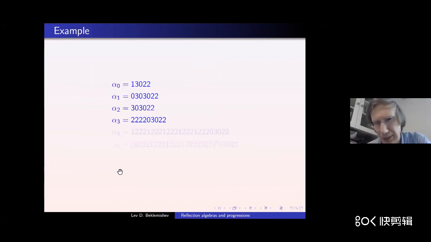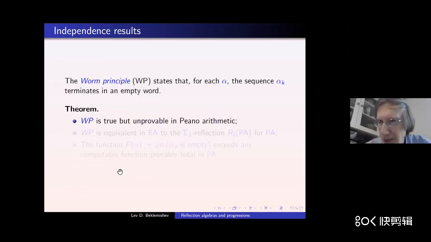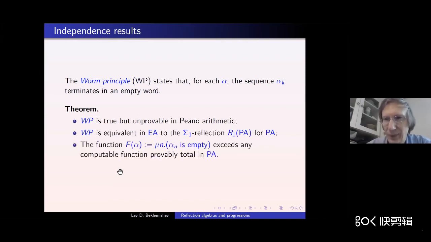And I would like to explain some ideas behind it. So it's not accidental that this statement holds, but rather it is a kind of representation of certain combinatorial, if you like, aspects of the proof theory of Peano arithmetic.